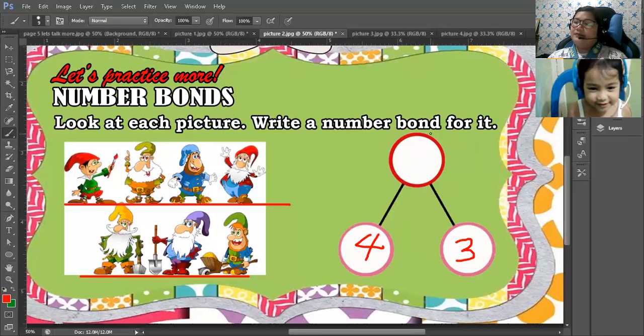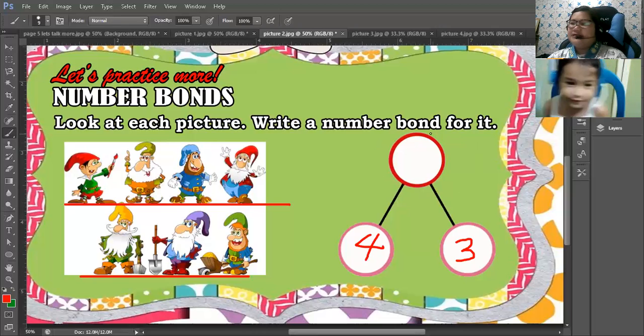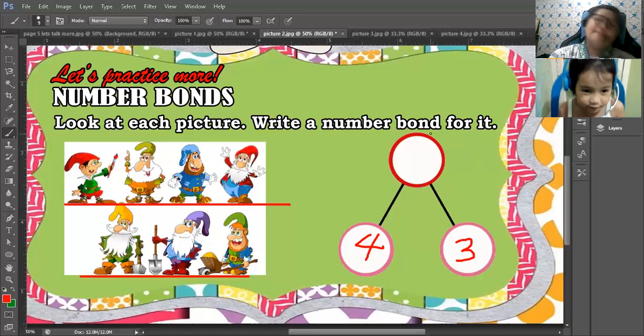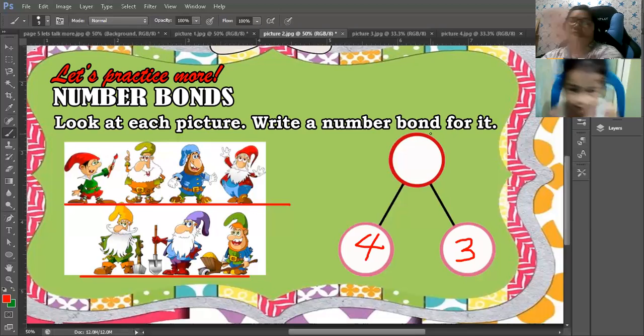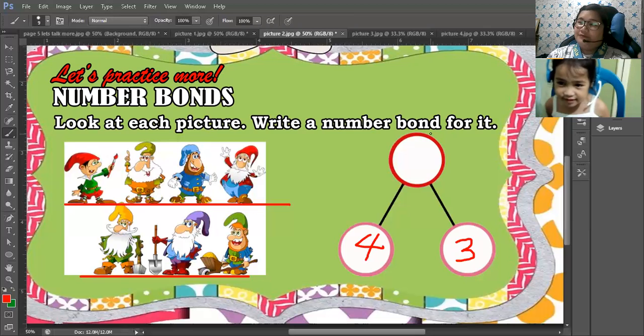I-count ko na sila sa taas. Very good. Come on. 1, 2, 3, 4, 5, 6. Oh my, mama. Bakit 6 lang ang count mo? Are you really counting?